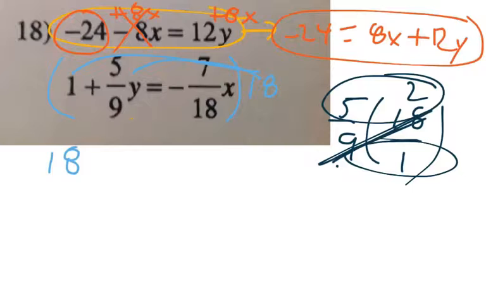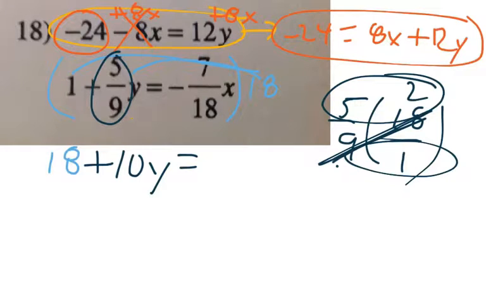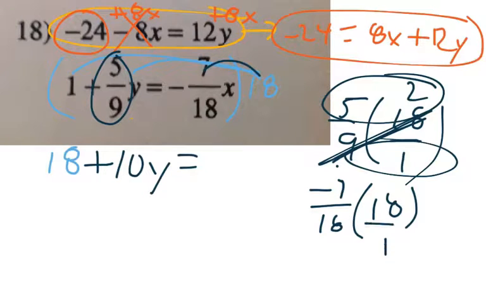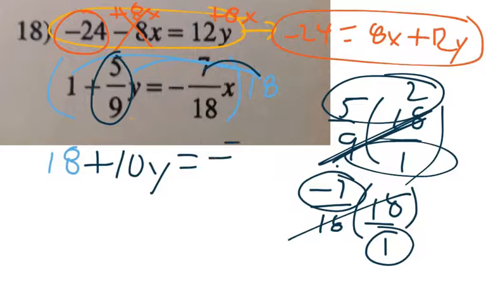So long story short, 18 times 5/9 is going to be a plus 10y, equal to 18 times negative 7/18. Now again, if I have negative 7/18 and I multiply by 18, hopefully you agree, the 18s cancel each other out. 18 divided by 18 is 1, and I'm just left with negative 7 over 1, which is just simply negative 7x.